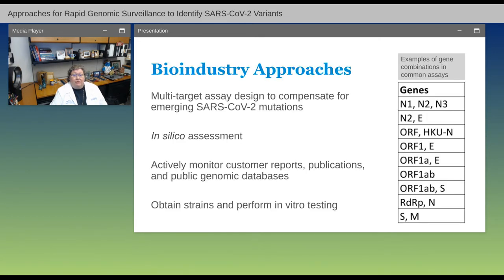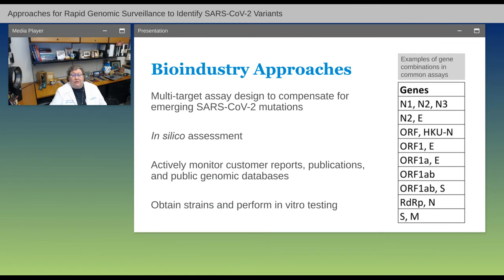Bioindustry generally will at first do an in silico assessment. The table on the right shows a variety of different manufacturers and their choice of genes. You can see some have 3, some have 1, and most have 2.